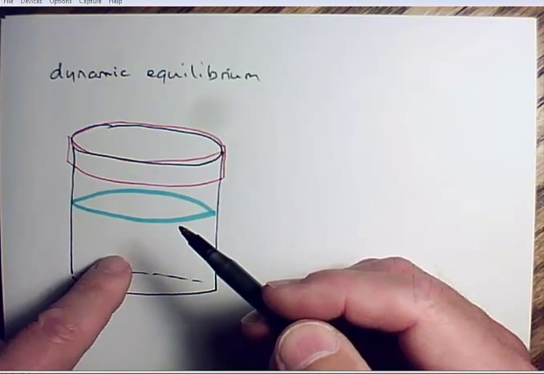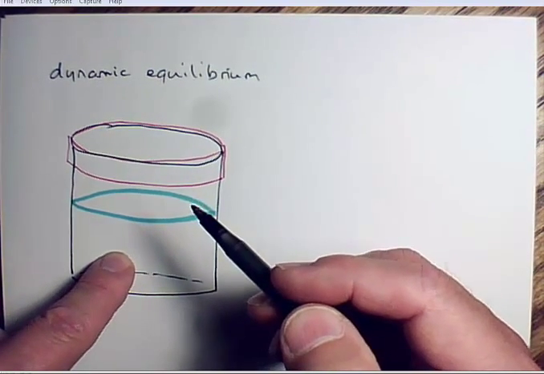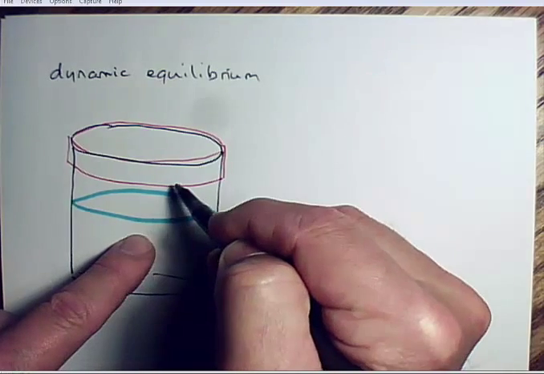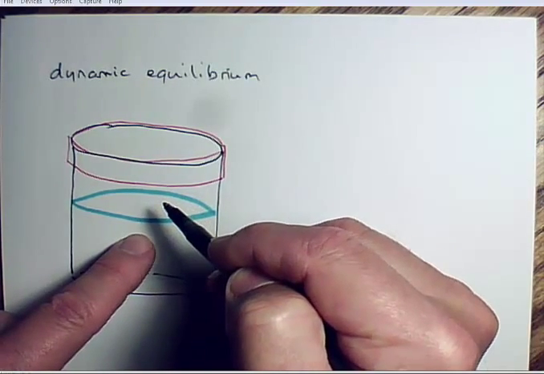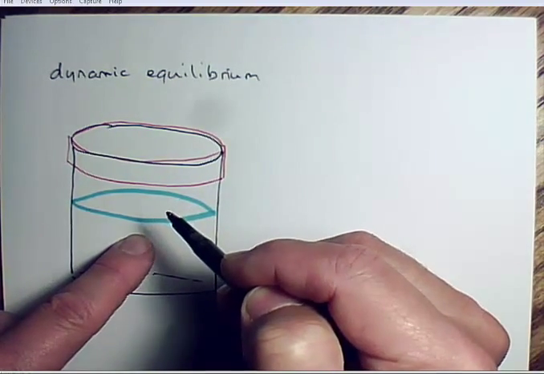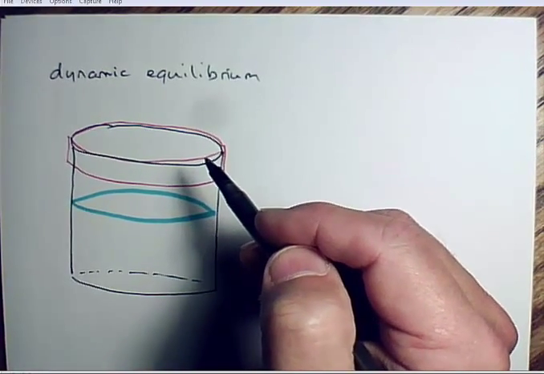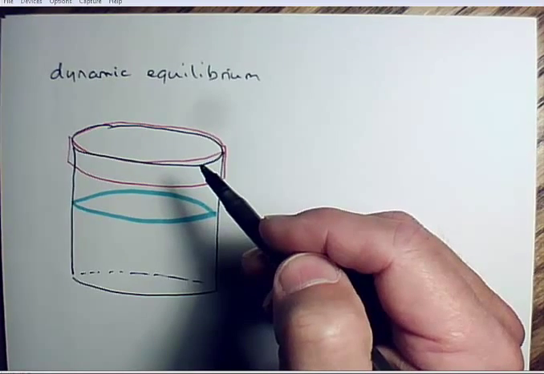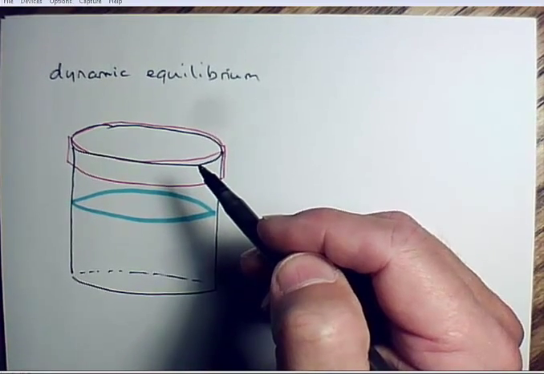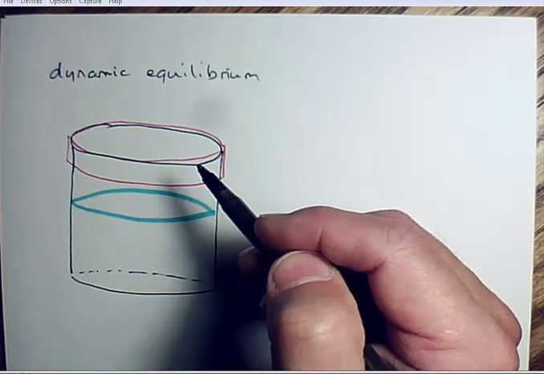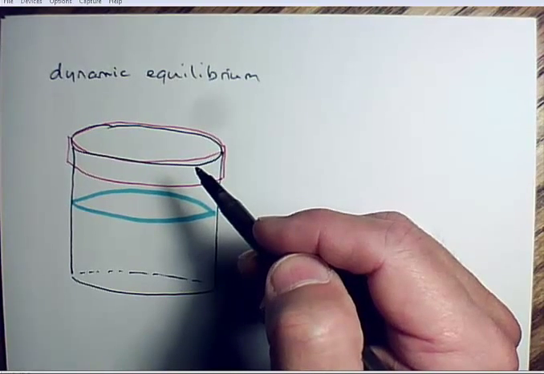Now, if the water is less than 100 degrees, the boiling point of water, then we don't call it a gas when it escapes into this gaseous form. We call it a vapor. So the terms are somewhat different. They're applied differently. Gas means the temperature is above 100 degrees. Vapor means the temperature is below 100 degrees.